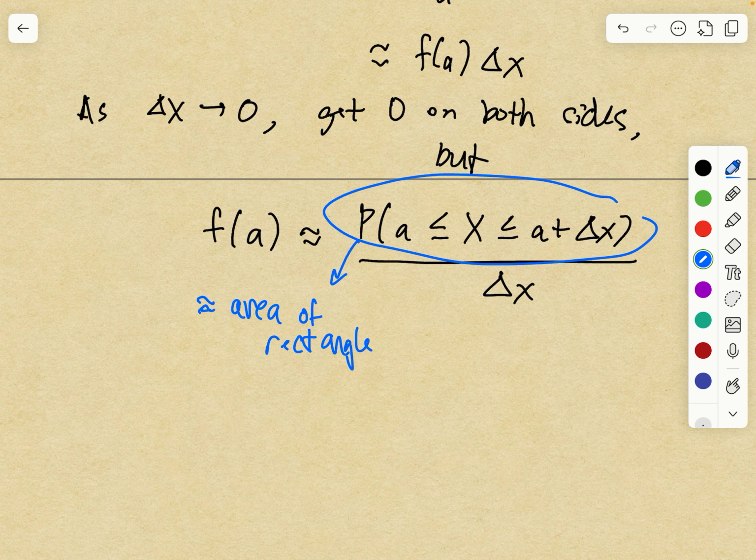I mean, strictly speaking, it doesn't make any sense, but if you multiply f of a by some small change in x, then the area that you get is approximately the area under the curve. It's approximately the probability that you are between a and a plus delta x. So that's what's going on.